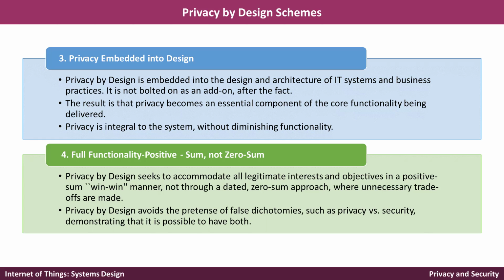The fourth principle emphasizes the fact that privacy should not be viewed as a zero-sum approach. Instead, it should be looked at as a positive-sum approach, where it creates a win-win for everyone. For example, sometimes people think that you should not collect a particular type of data if you want to protect privacy, which is not correct. If you want to come up with a particular insight, you might want to collect certain types of data.